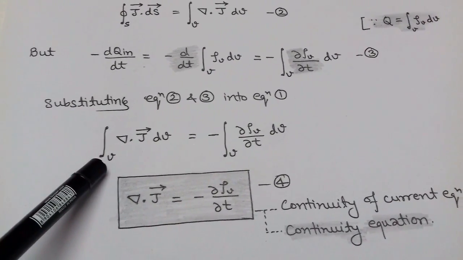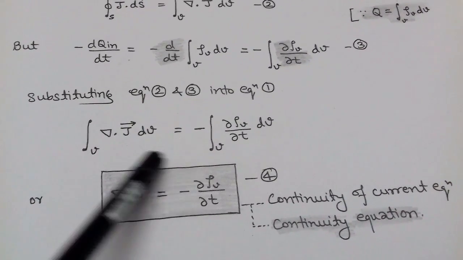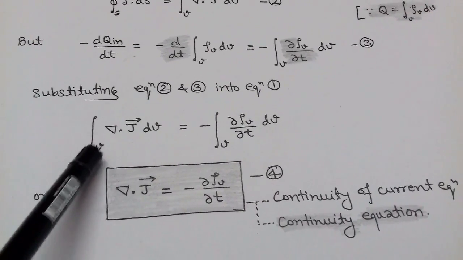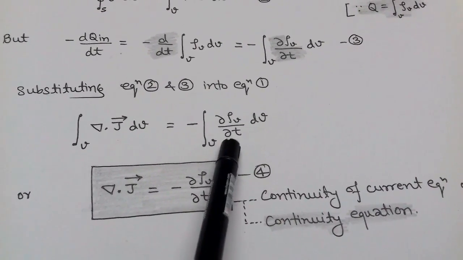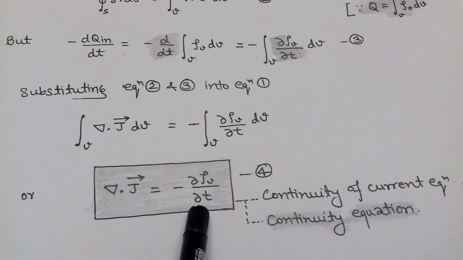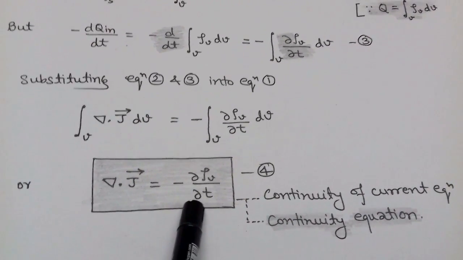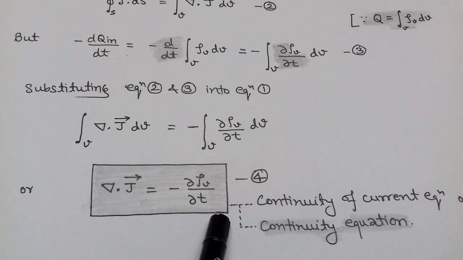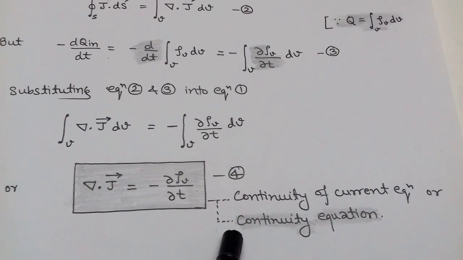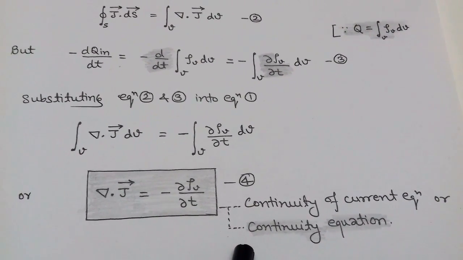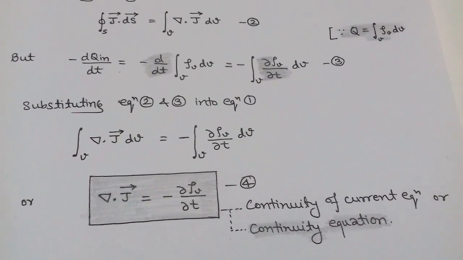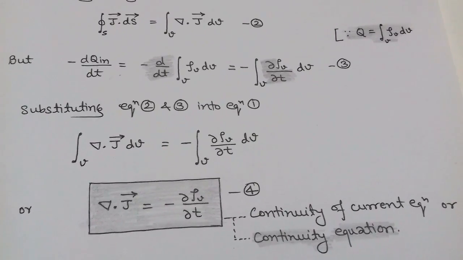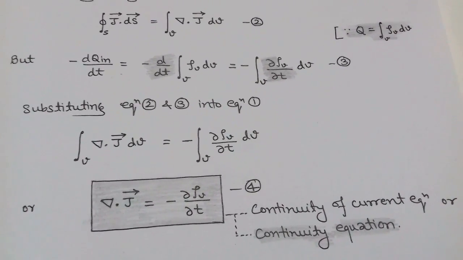Since both sides have volume integration, after comparing we get divergence of J vector equals minus del rho v upon del t. This is called the continuity equation or continuity of current equation, that is, divergence of J vector equals minus del rho v upon del t.